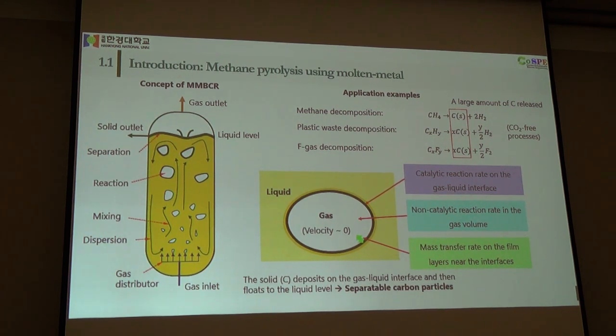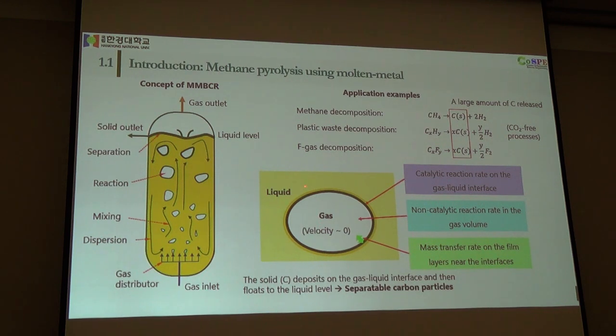One more thing is that for the molten metal bubble column reactor, when we decompose some gas like methane or C3, it will produce a lot of carbon. For most kinds of reactors, like a fixed bed reactor, that carbon causes stagnation or other problems.